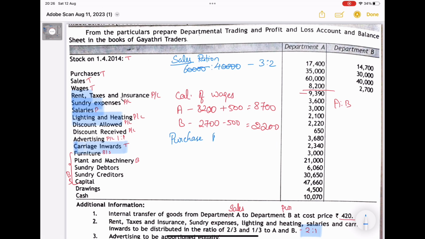Purchase ratio, let's see how much we are going to get. Purchases for A 35,000, for B 30,000. Three zeros will get cancelled. 7:6. Calculate by 5: 5 sevens, 5 sixes. So 7:6. Discount allowed is in the ratio of 3:2, isn't it?